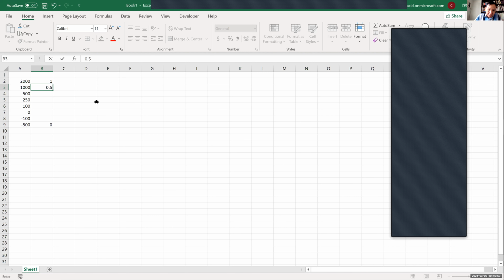So you fill up and then you draw. You know how to draw in Excel? Using the chart, insert chart. Oh, you fill up the values first, between 0 to 1. Of course, if 2000 you feel this is 100%, you like it, right? If 1000 it should be lower than 1, right?